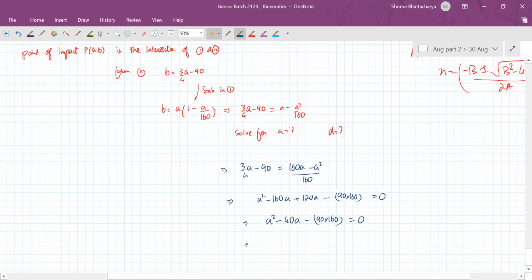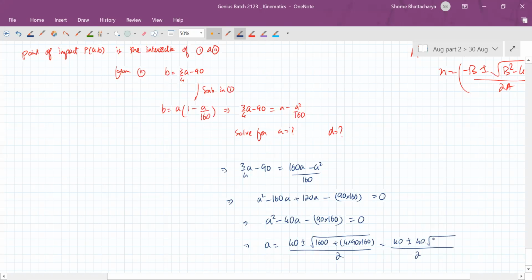Okay. So a is becoming 40 plus minus. Obviously we'll take the plus one only. Square root of 1600 plus 4 into 90 into 160, divided by 2a. So that's 2. Now what all we can take common? We can take 40 outside.